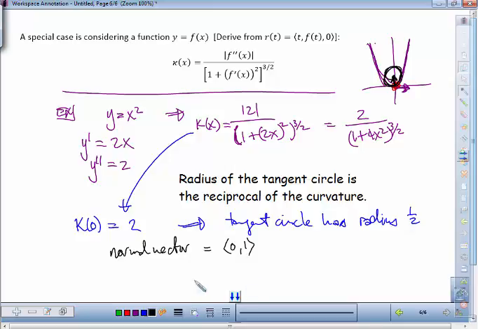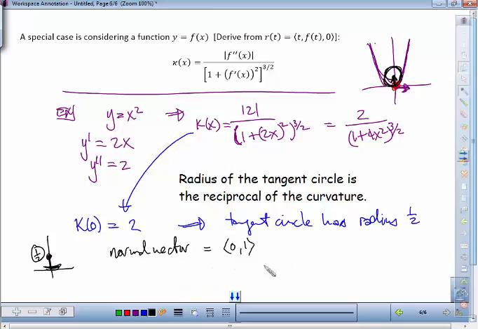It looks like it's just going to be on the y-axis, and if we just go as far as 1/2 with a radius of 1/2, then we can find the equation of the circle.